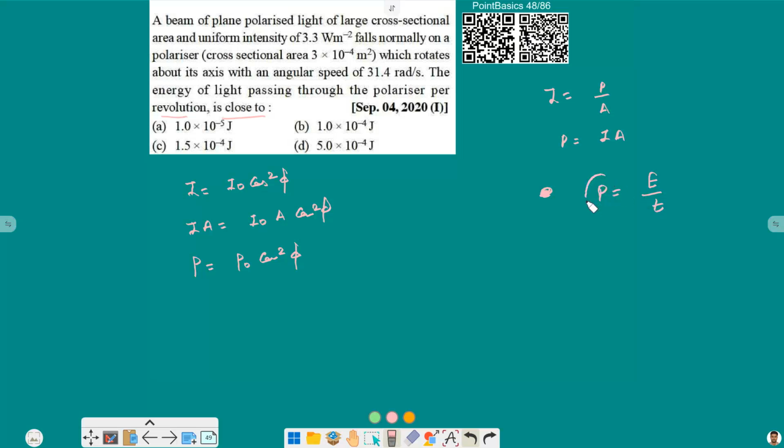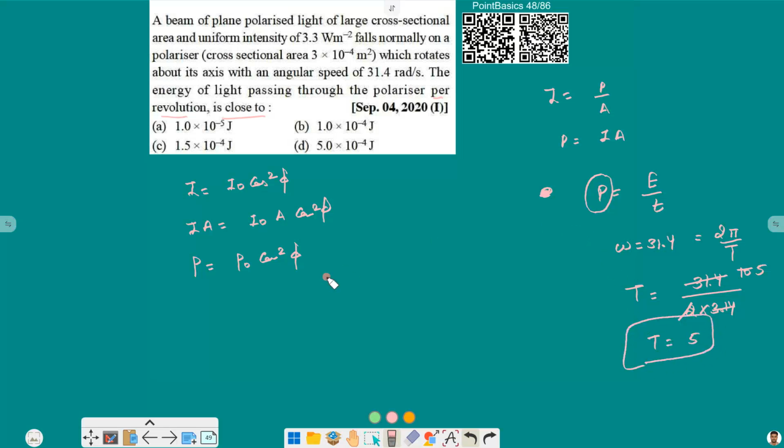So if we are able to calculate the power, then we can equate it to E by T, where T here will be the time for one revolution. Here we have omega, 31.4, that will be equal to 2 pi by T. So time period will be 31.4 divided by 2 into 3.14, that will be 10, and this will give us 5. So T will be equal to 5 here.